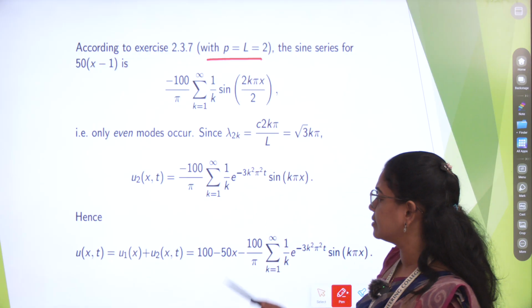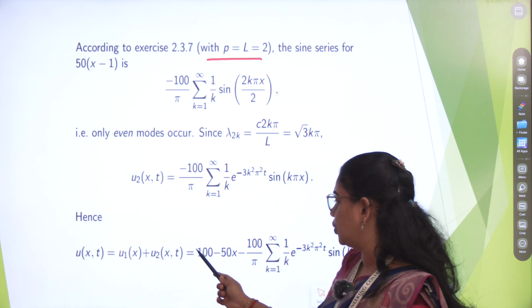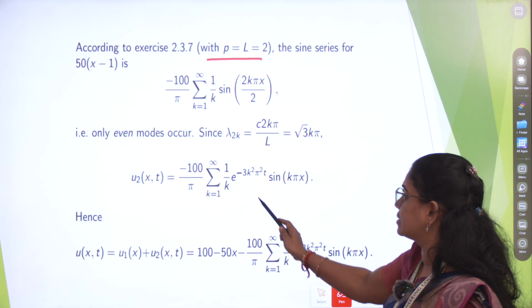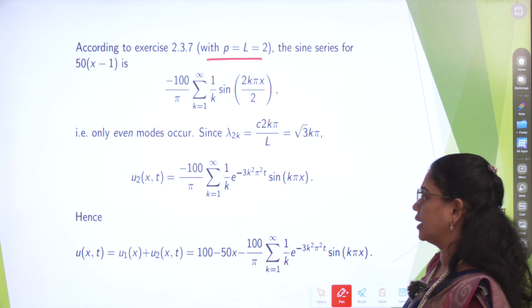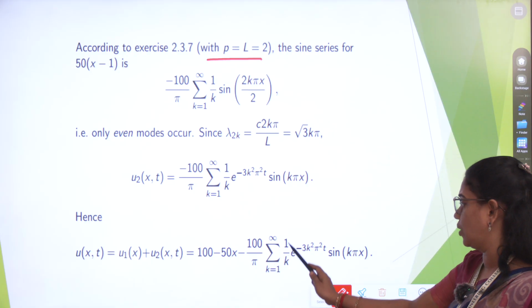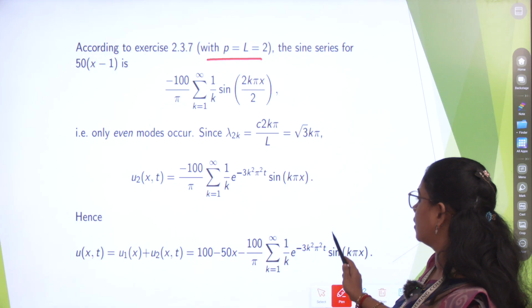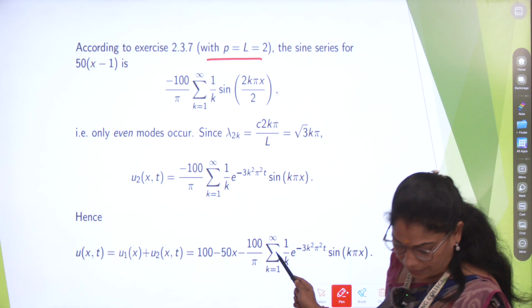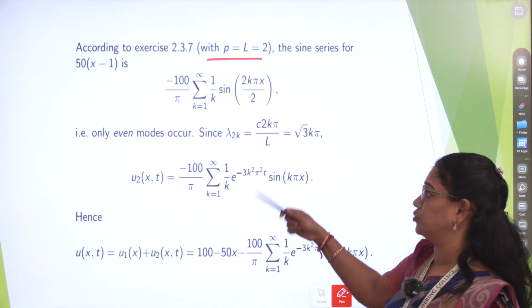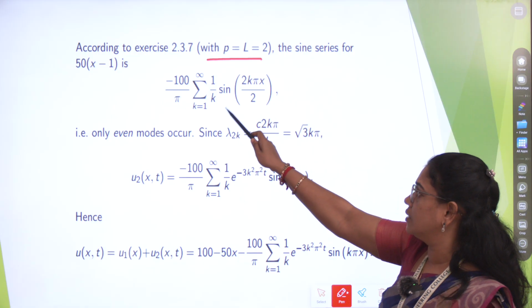Finally, we get hence the series u of x comma t equal to u1 of x plus u2 of x comma t, equal to 100 minus 50x minus 100 by pi summation k equal to 1 to infinity 1 by k e power minus 3 k square pi square t into sine k pi x. Previously we applied the conditions of the sine series for 50 into x minus 1.